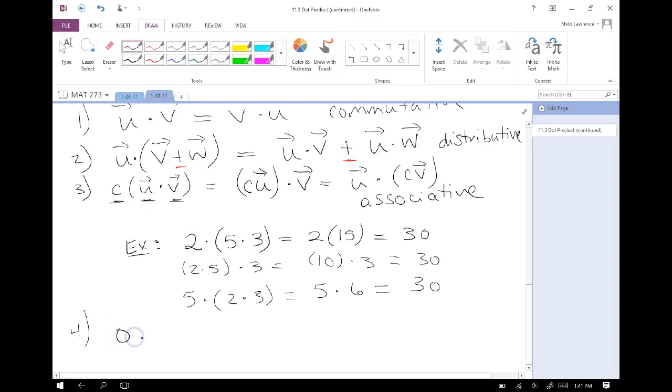There is a zero vector, and if you dot the zero vector with any other vector, you'll always get 0. So the zero vector, it depends what dimensions we're working with. It's just the vector that has all 0 components.